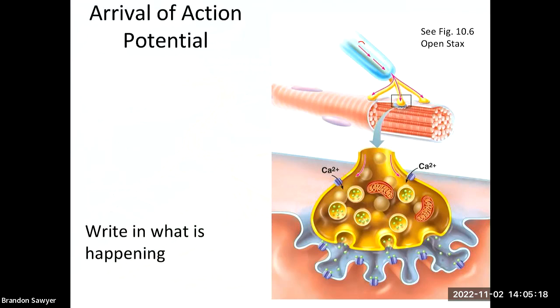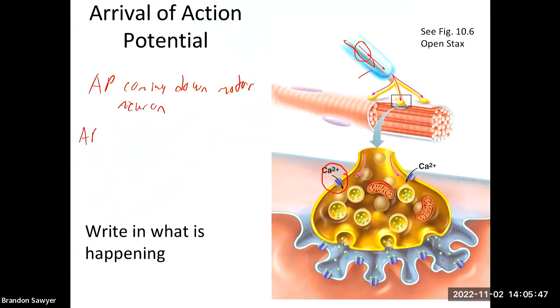So these little pink lines, what do they represent? Action potential, right? So we've got an action potential coming down the motor neuron. When it comes down, it then interacts with these voltage-gated calcium channels.